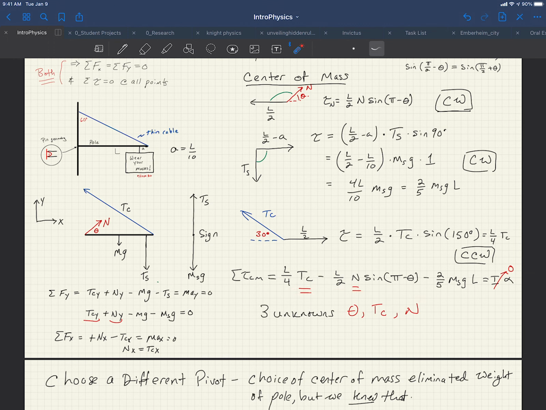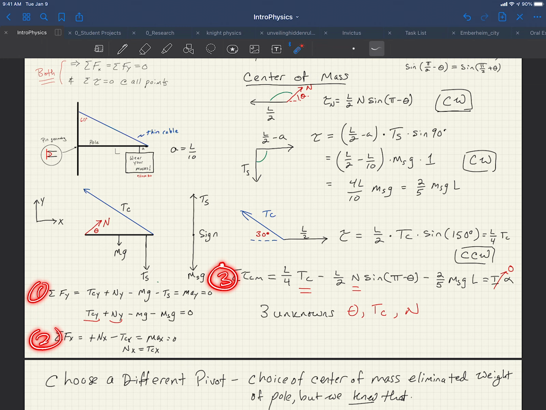Well, I have three unknowns here again. I have theta, I have TC, and I have normal. So I could now go back and take my three equations, 1, 2, 3, and I could solve for my tension. I'm suspecting that you can see that that's not going to be a trivial amount of work.